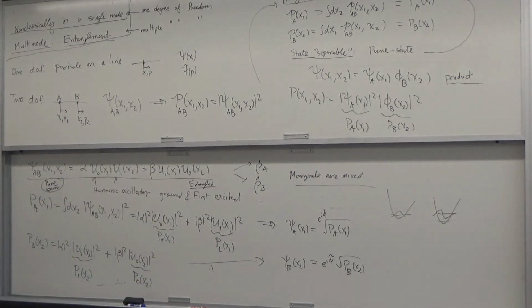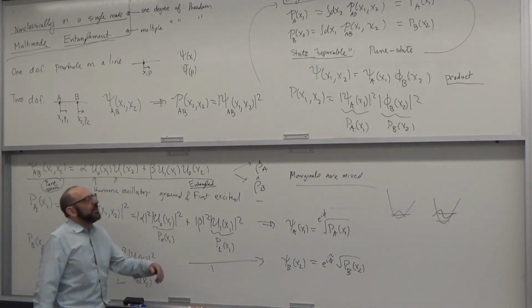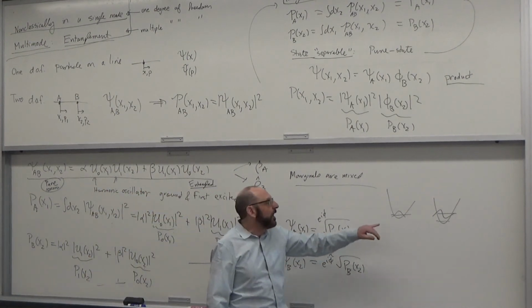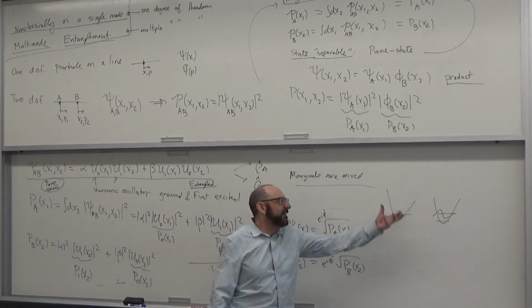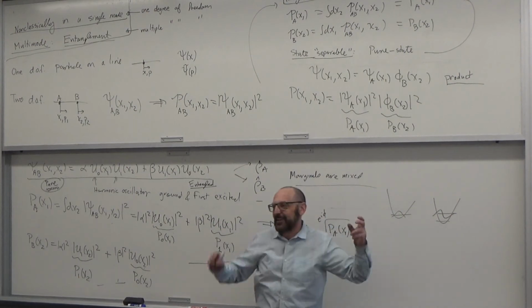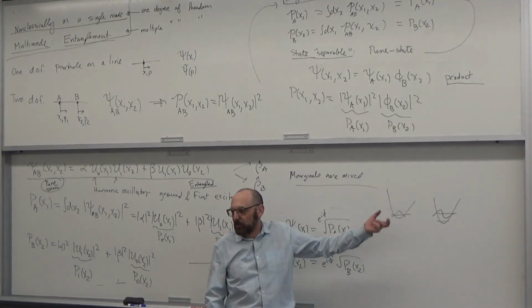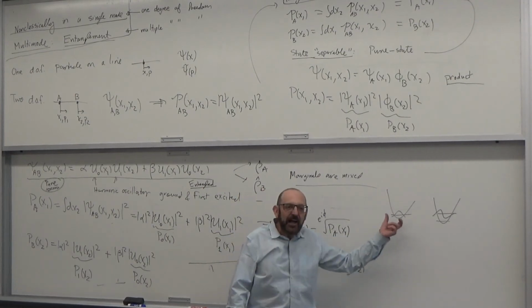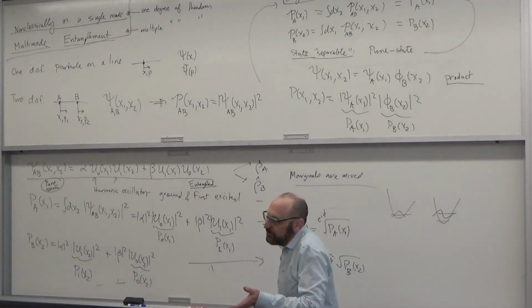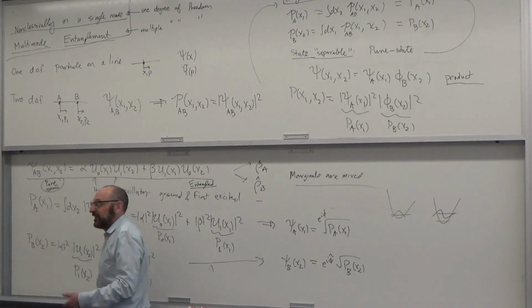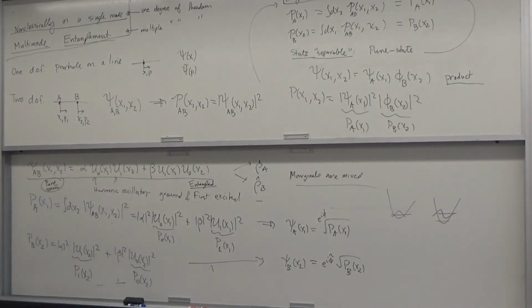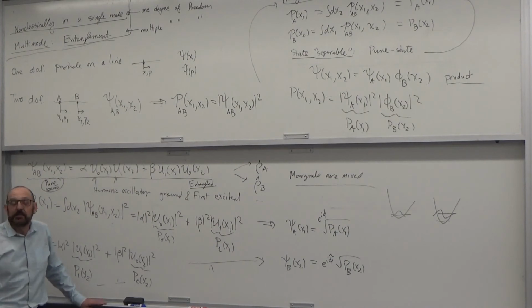I mean, of course, Dave Wineland won the Nobel Prize for his ability to control individual quantum systems. The development of laser cooling techniques to cool the motion of trapped ions near to the ground state was revolutionary in the 1970s, 80s, and then moving into the 90s and beyond.